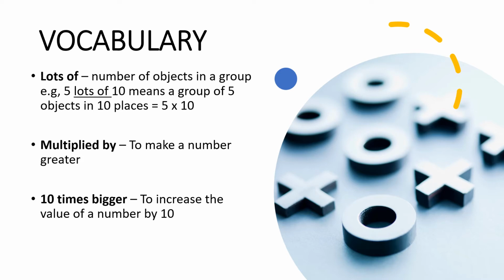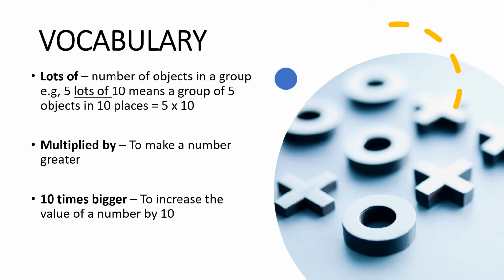For example, a bunch of bananas, a bunch of 5 bananas. We have 5 bananas in one bunch. If we have that same bunch of bananas in 10 places, we can say 5 lots of 10. It means 5 is the group of bananas and in 10 places, 10 different bunches.